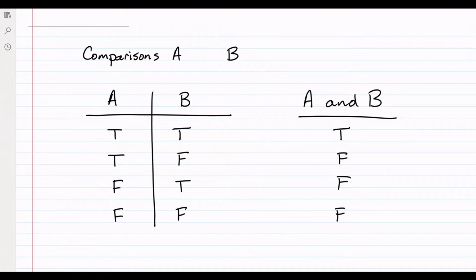Now there's also an OR. Okay, so if you did A or B, then as long as one of the comparisons is true, then the entire compound comparison becomes true. So with the first one, they're both true, but one of them is true, so that's going to be a true. Since A is true here, that's going to be a true.